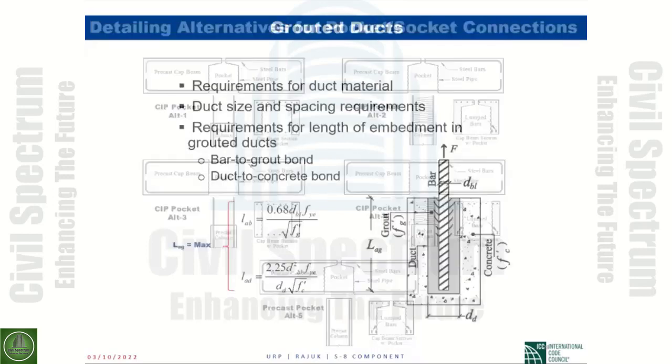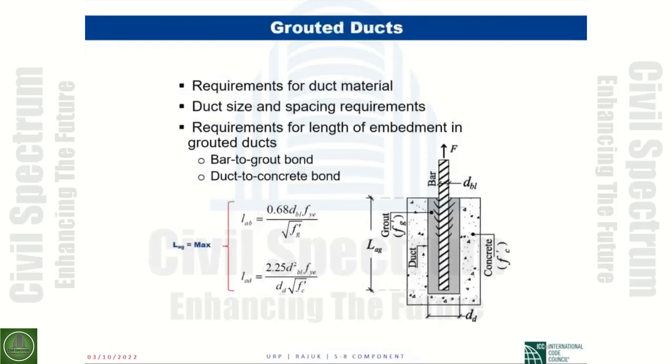connections. Now, for grouted ducts, as I mentioned, there are two modes of failure. The mode of failure can be the bonding of the bar within the grouted duct, or the grouted duct itself could be pulled out of the concrete, the entire grouted duct. In the earlier part of my presentation, I talked about UHPC being in the grouted ducts.